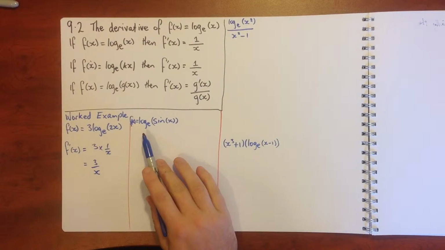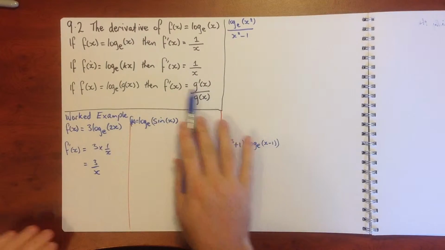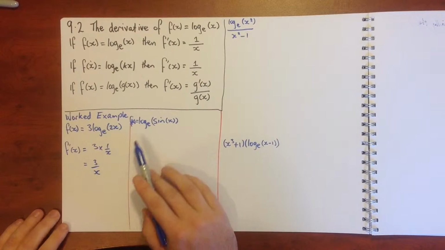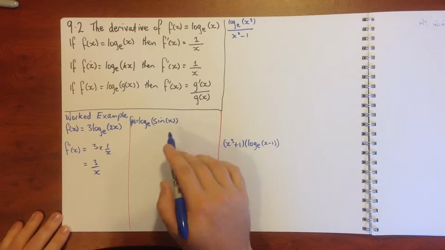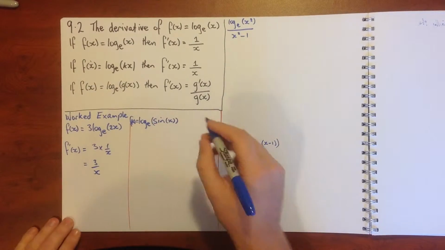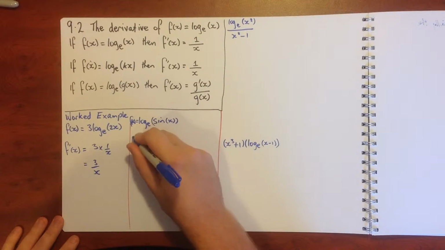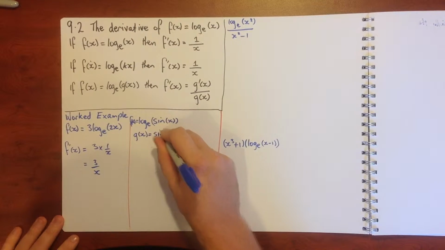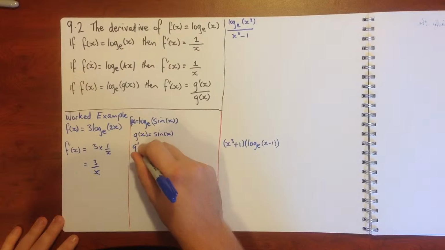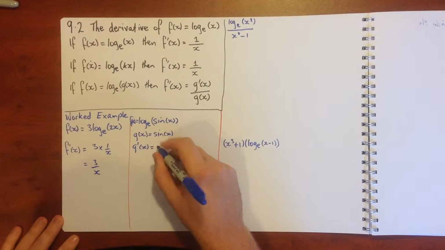For this one, this is one of our last cases where we've got a function within a function. So we've got f of x equals log to the base e of sine of x. What we need to do here is say g of x equals sine of x, g dash of x equals cos of x.